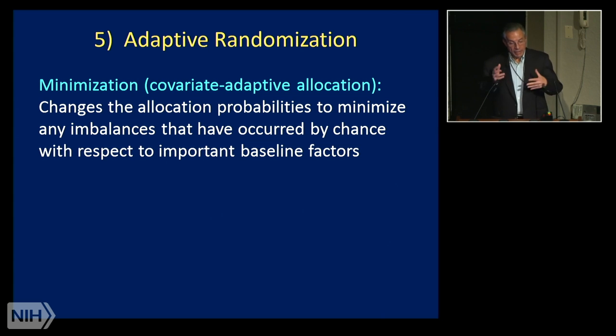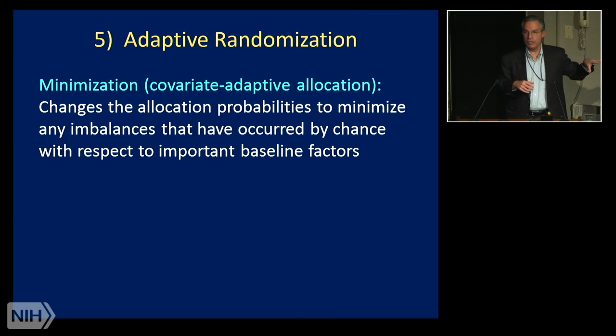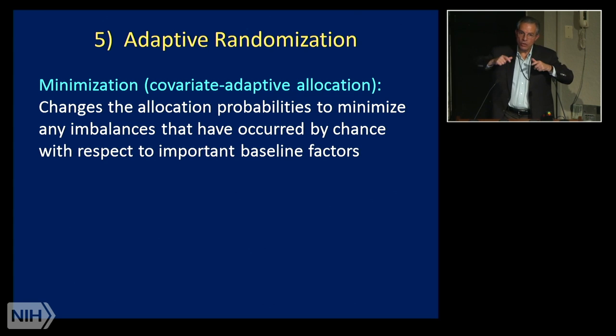Adaptive randomization says you could not produce the whole sequence because as the trial is going on, you're going to be tweaking the chances of being assigned to A and B. You're going to change the probabilities of being assigned to A or B as the participants come in.